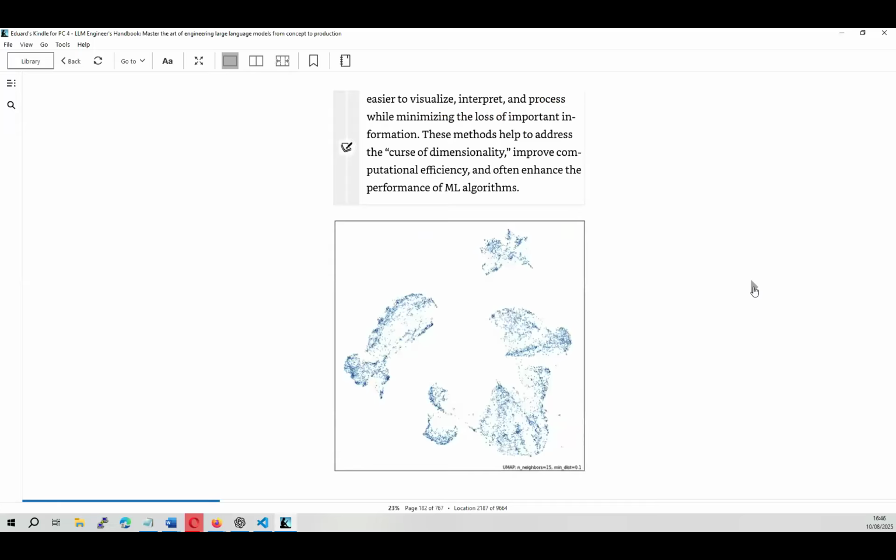Here is a picture, an example using UMAP, this technique to reduce the number of dimensions, just to be able to cluster various vectors in a two-dimensional space.